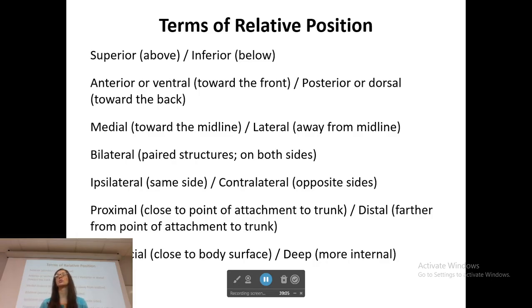Anytime you're looking at a description, for instance of the small intestines, the different parts named for the small intestines are going to be described as if the individual is in anatomical position, not as if they were laying down, but if they are standing up like that.